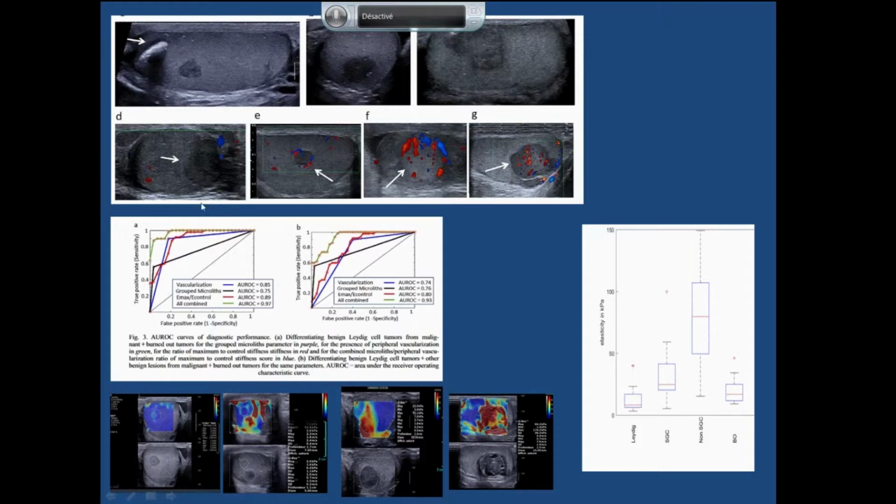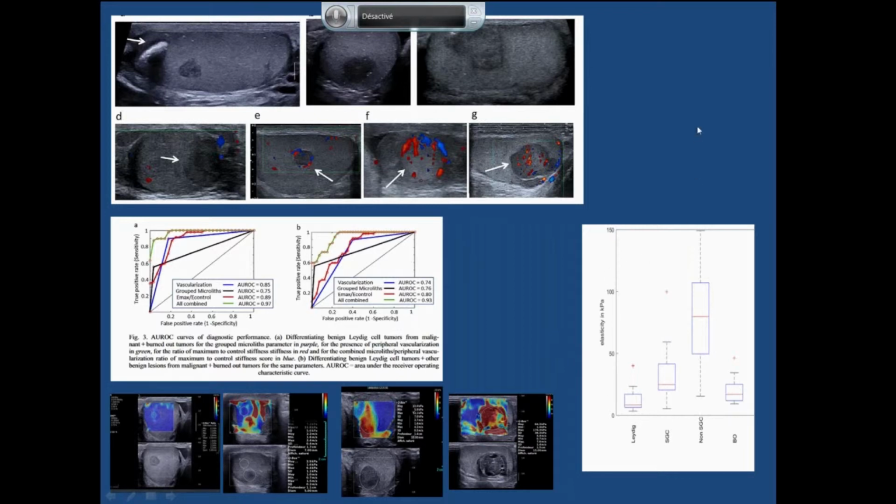Is the lesion hypo or not vascularized? Is the vascularization more peripheral with vessels parallel to the border, or on the contrary with a dominant central vascularization, or mixed? And finally, combining B-mode, vascularization score, and the stiffness ratio, you can have a very good area under the curve. And yes, there are some overlapping values.